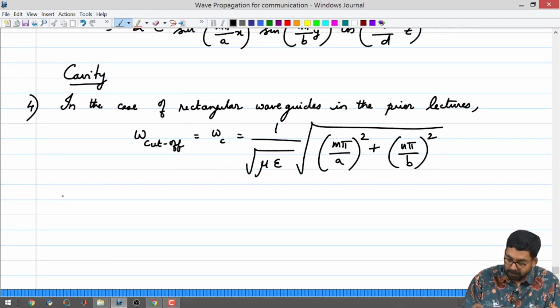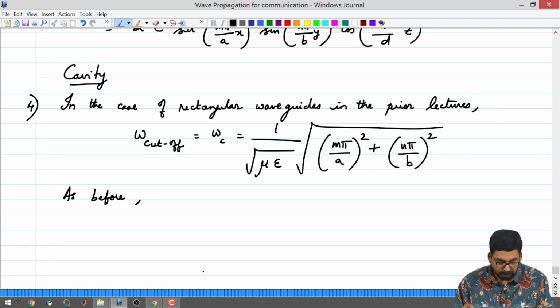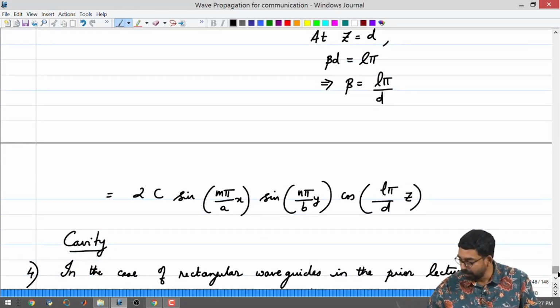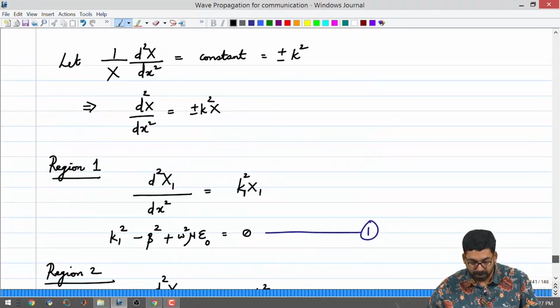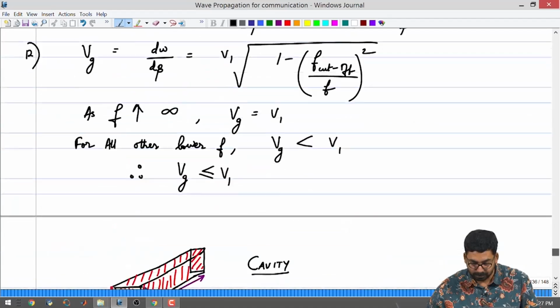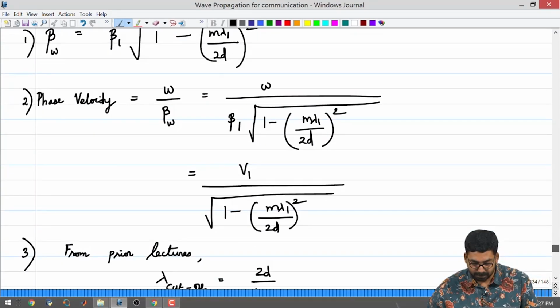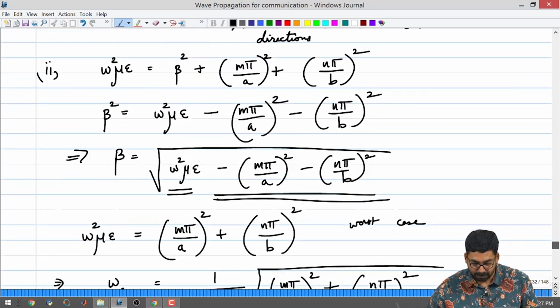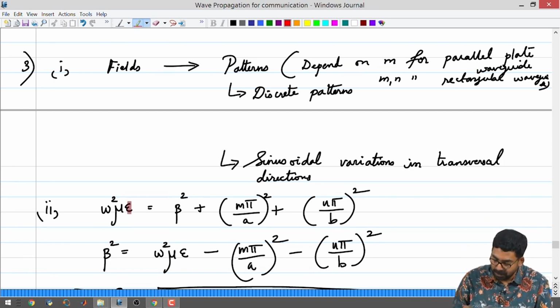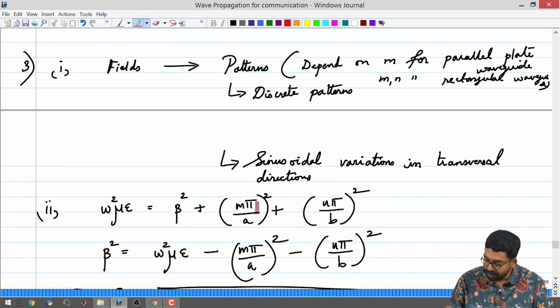So, this is the expression that we have from the prior lectures, right. Now, as before, we can extend the same analysis here. We can say in this particular case, just look at the third dimension, all right, and wherever you had beta for the waveguide in the prior lectures, we had an expression which says that omega square mu epsilon is equal to beta square plus m pi by a the whole square plus n pi by b the whole square, alright.